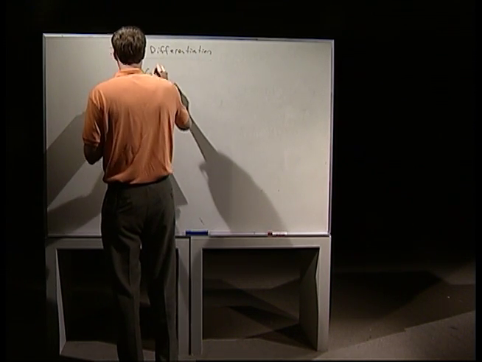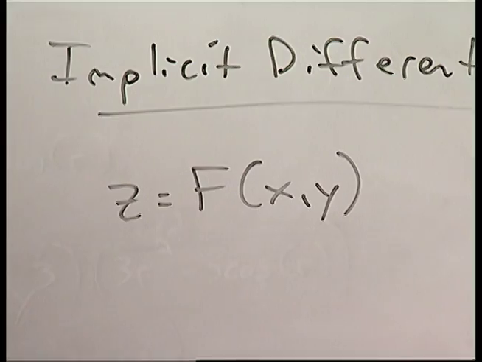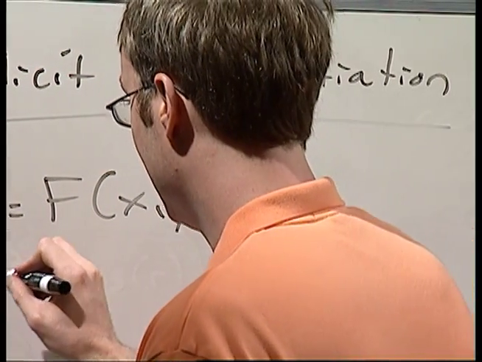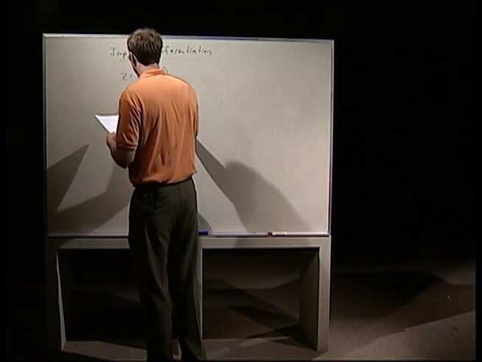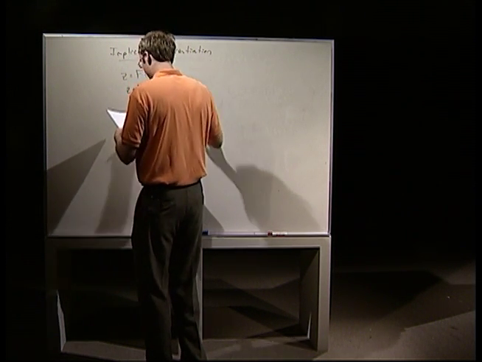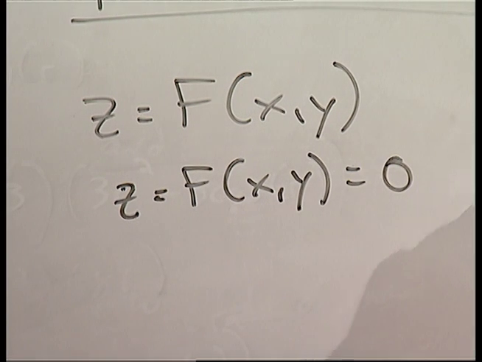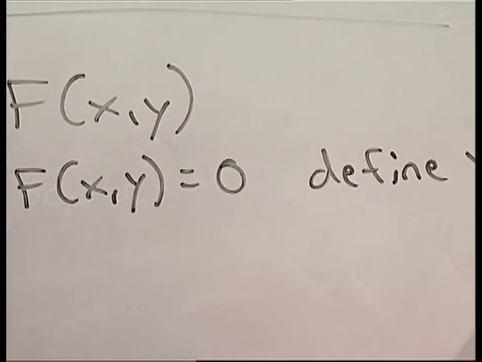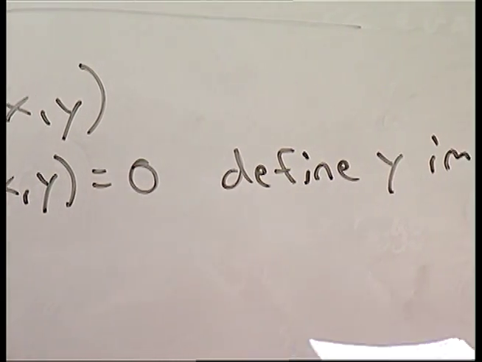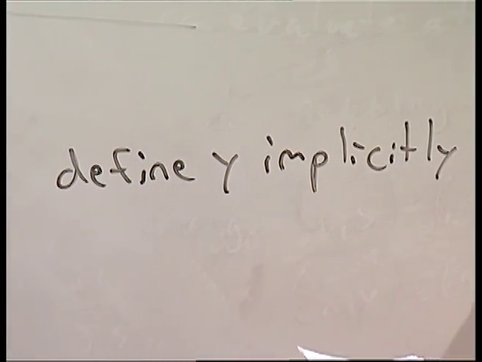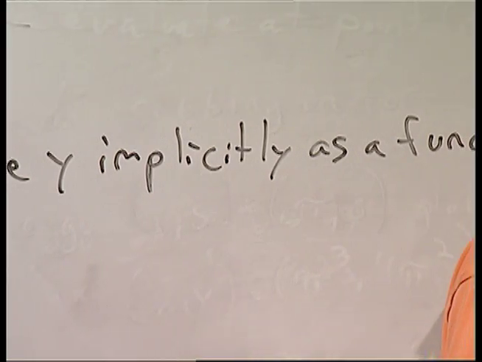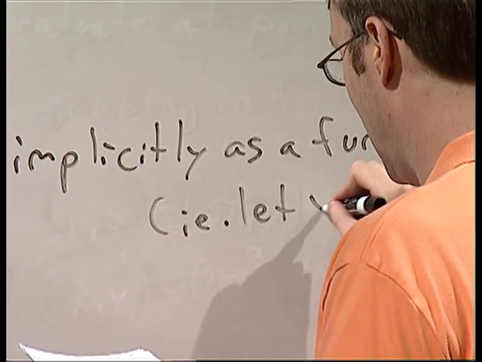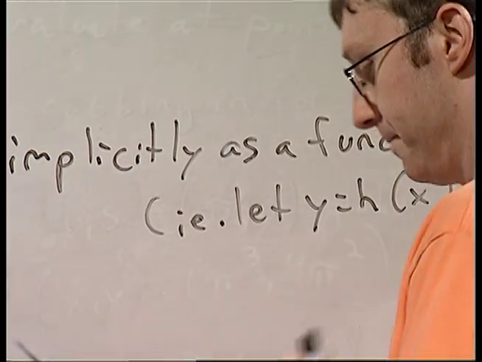So here's z equals f of x, y. This is differentiable, right? And let's let this equal 0. Define y implicitly as a function of x, i.e., let y be h of x.